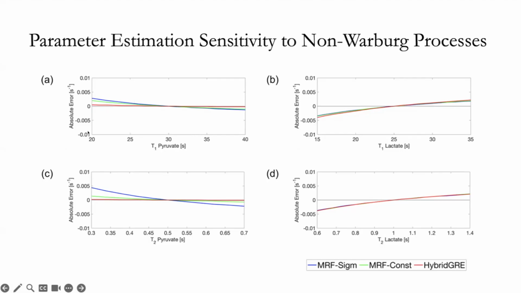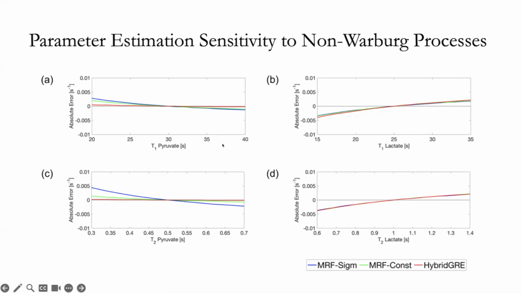So if the T1 of pyruvate is as low as 20, then we would expect an overestimation of matched KPL by about 0.003, and these are all using a 0.02 as the underlying true KPL value. So there is clearly an error dependent on each one of these parameters. And in red is that hybrid approach I've been comparing to. And in green is the constant flip angle approach. And in blue is the sigmoid-based approach.